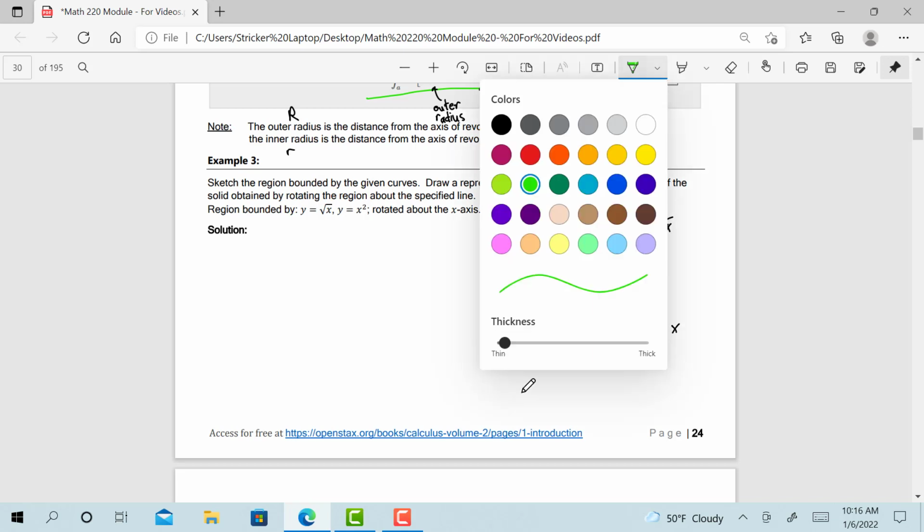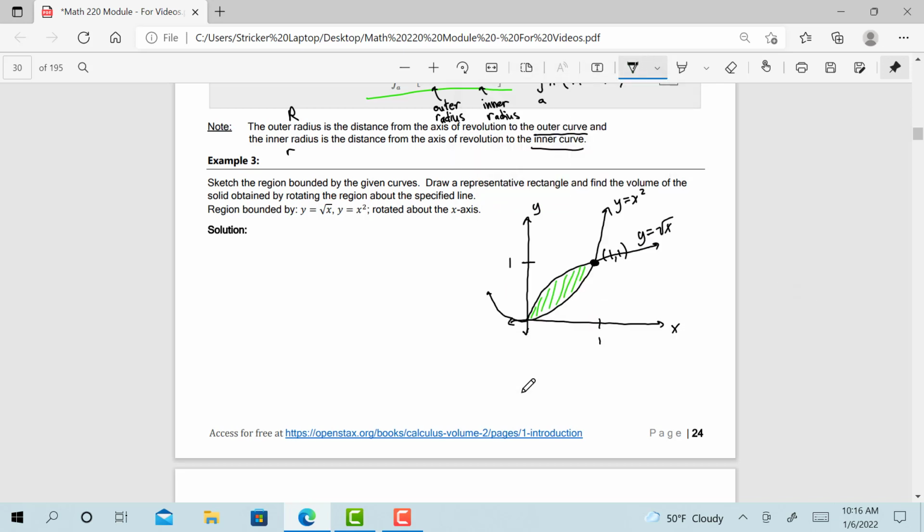And let's go ahead and put that representative rectangle in there like we always have. We have to go about the x-axis, so we're rotating about the x-axis. So we need our disk to go that way.